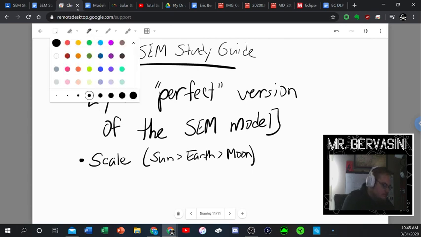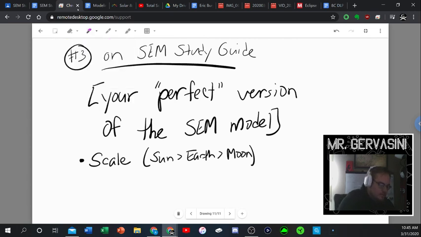Technically, if you want to get real specific, you'd have to think of a way to show scale in that these two are much smaller than the sun. Okay? So you gotta keep scale in mind.